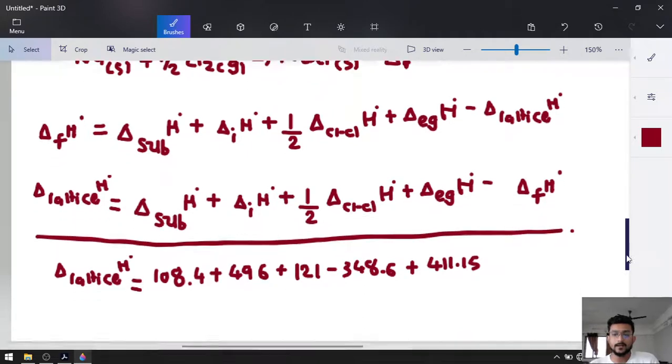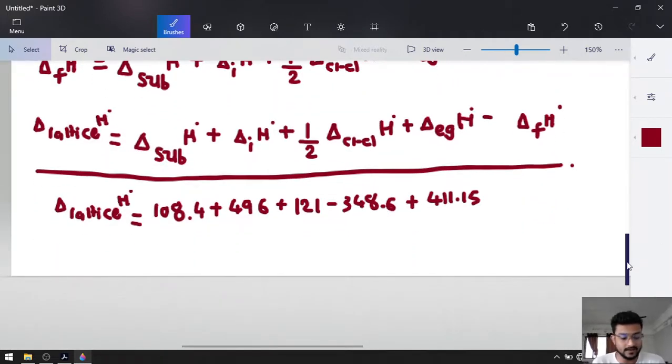Now calculate this in the calculator and you will get your answer: 108.4 plus 496 plus 121 plus 411.15 minus 348.6. It is equal to 787.95, which is approximately 788.